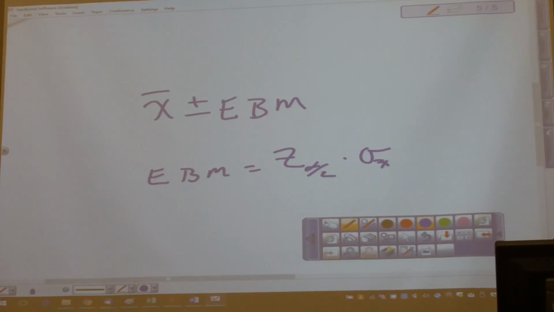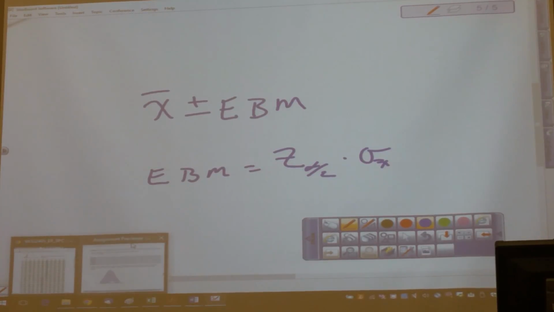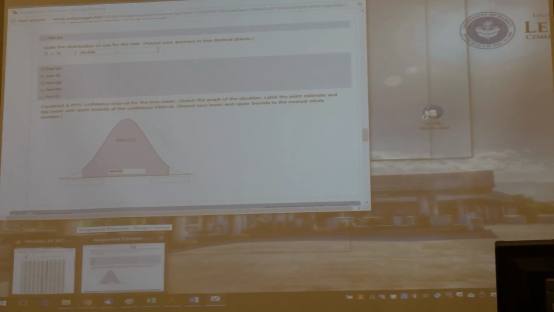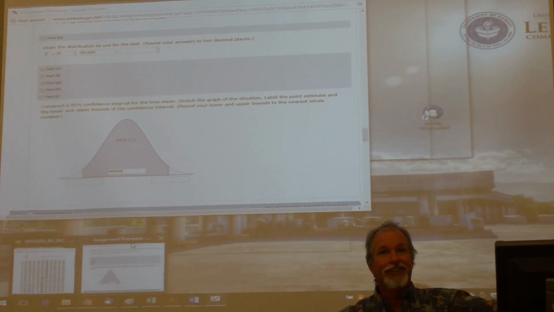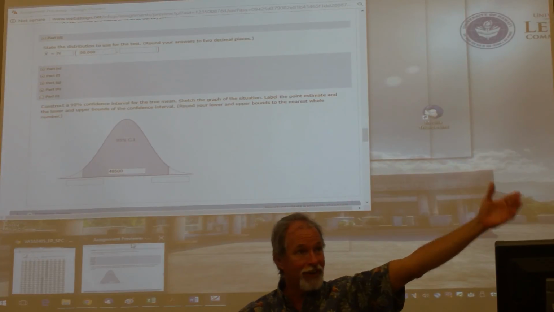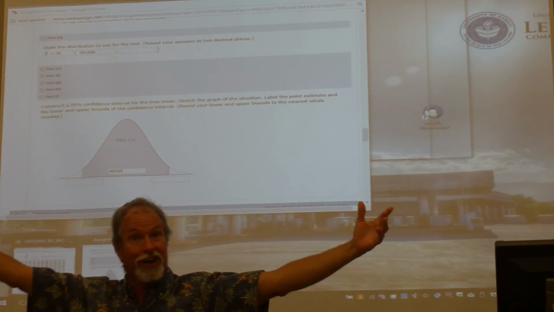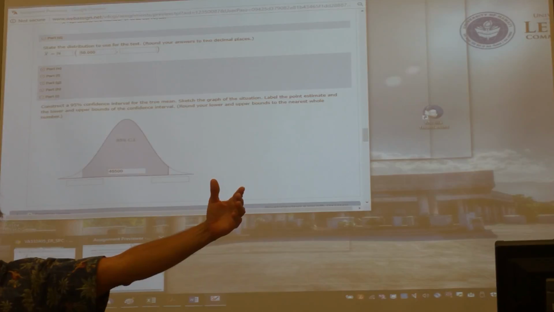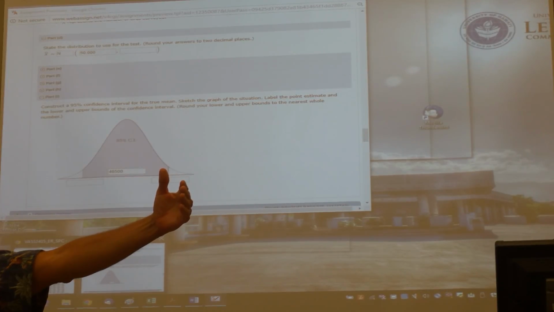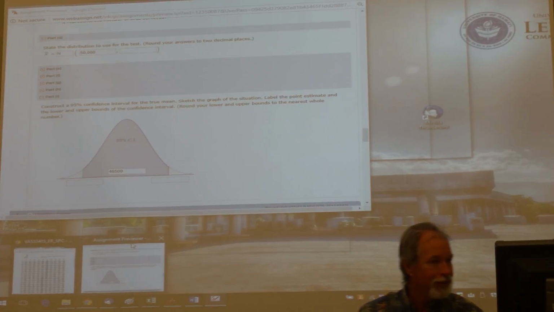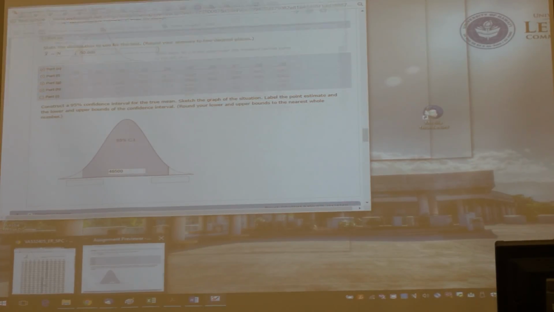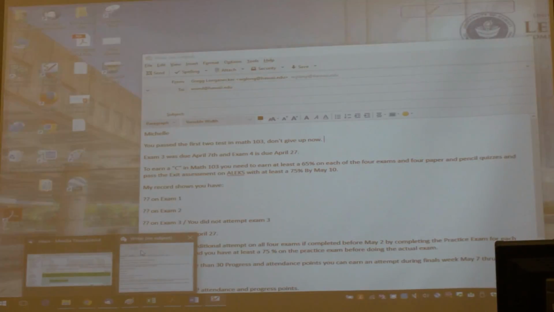So am I still doing the z alpha divided by 2? Whenever we're dealing with confidence intervals, because remember, a confidence interval says I want to be right or left, right? So a confidence interval always divides alpha by 2, because I want half of my error on the bottom and half of my error on the top. And then I multiply that by the standard error, which is 1414.21.